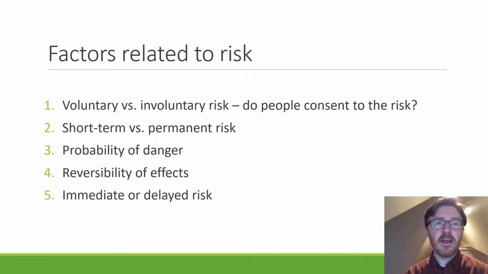We don't have a great number of cases where that has plausibly happened. But when we look at something like that, we would expect it to be a delayed risk, because we know that people don't drop dead from using cell phones. So that would be a case of a delayed risk.